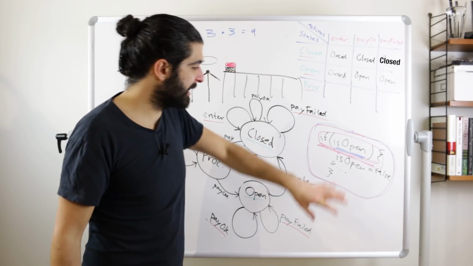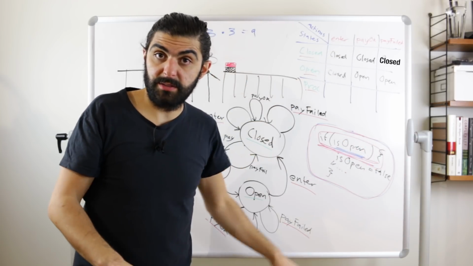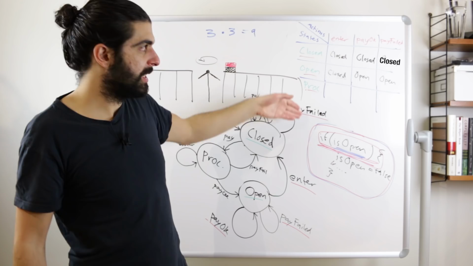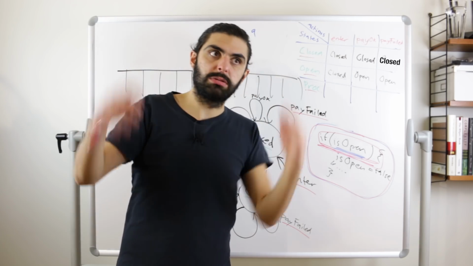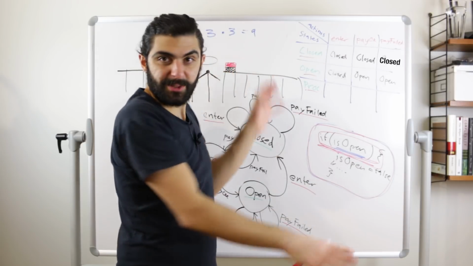And of course, there's the fact that we have to massively duplicate all of this code across all of the methods, which means that if we suddenly introduce another state or another action, we have to make sure to do that check in all of the different places.